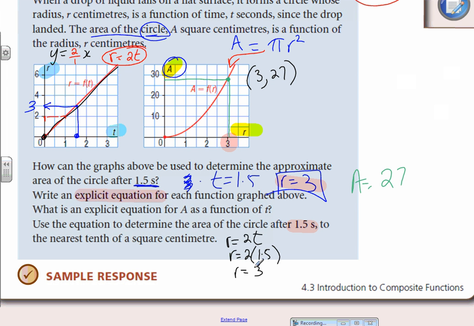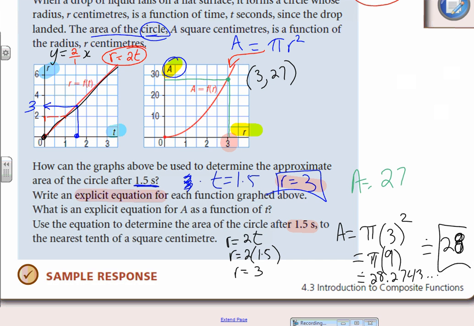We take that 3 and plug it into our area equation. Area equals pi times 3 squared, so pi times 9. Punching that into a calculator, that's approximately 28.2743. So we were pretty close, and we'll say it equals approximately 28 centimeters squared.